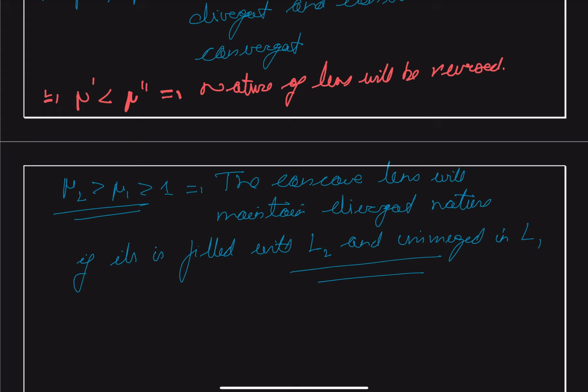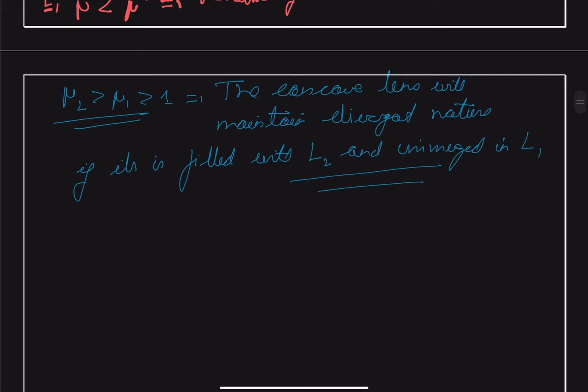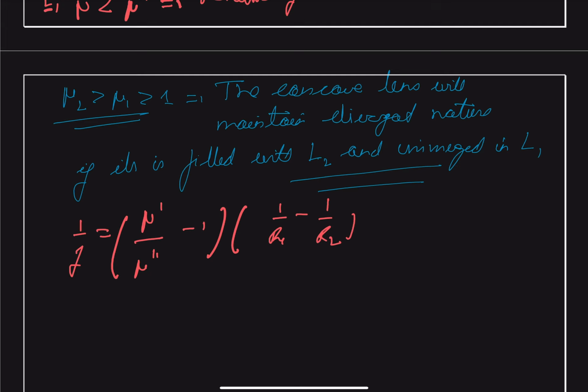So we can also try to solve it mathematically, and let us try to sort it out. We just wrote the formula that 1 upon f is equal to mu prime as well as mu double prime minus 1, and this comes as 1 upon r1 minus 1 upon r2.